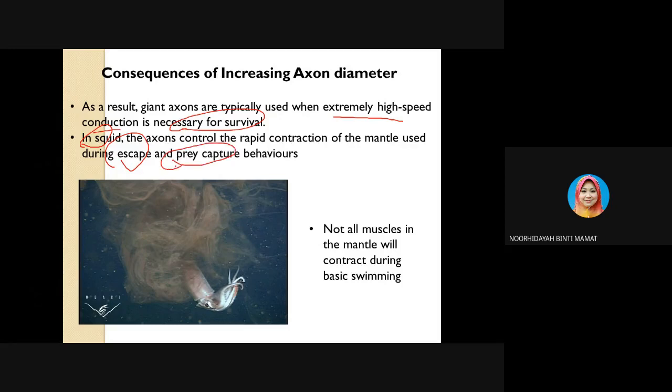Not all muscles in the mantle will contract during basic swimming, only when needed for survival, either to escape from a predator or for prey capture.